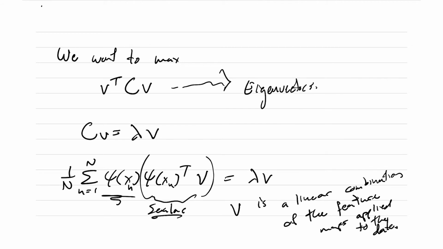Right. Okay, so that's what we get. So then we can go ahead and say V then is not just any vector, but it goes from n equals 1 to capital N of a_n times psi at x_n.